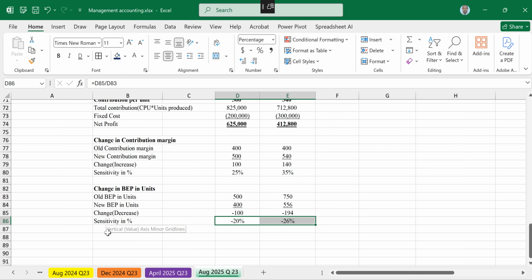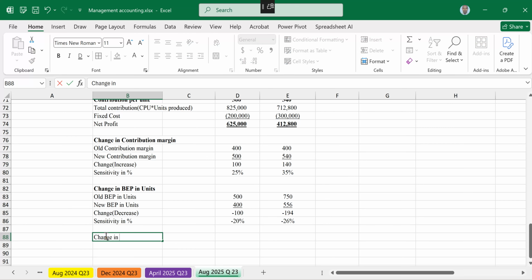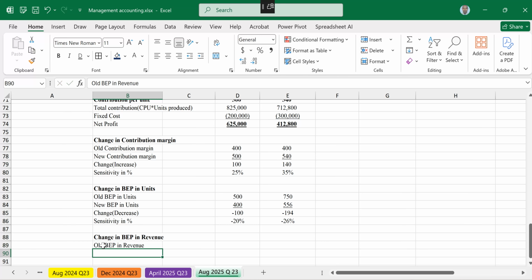Lastly, change in BEP in revenue. Old BEP in revenue and new BEP in revenue.